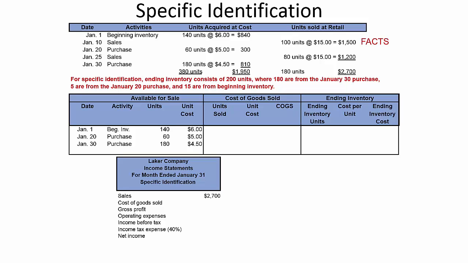In a nutshell, you use the facts given about the ending inventory and the units sold to determine the cost of goods sold and the cost remaining in ending inventory.